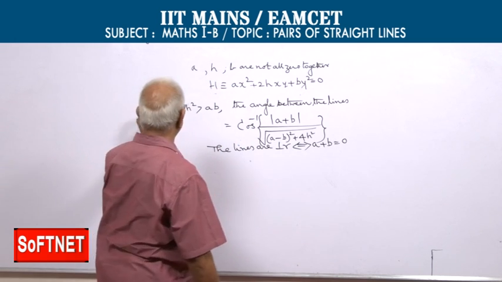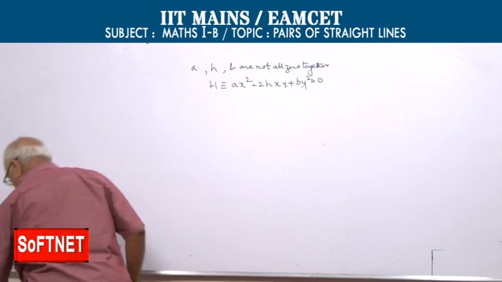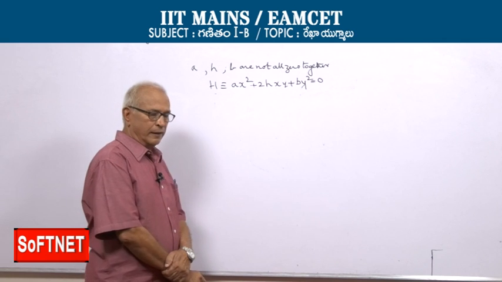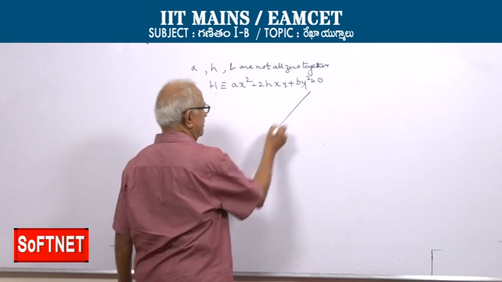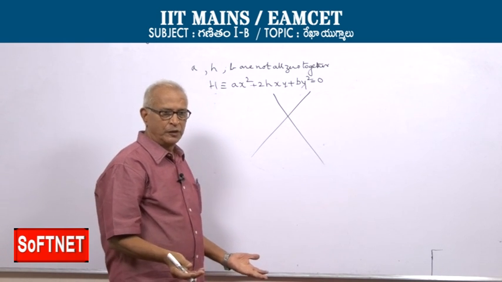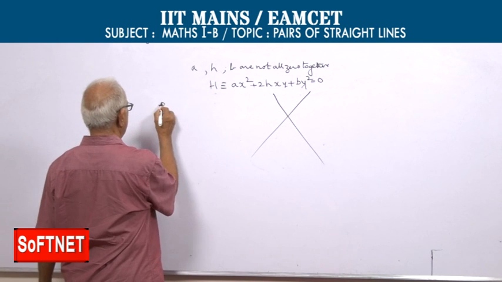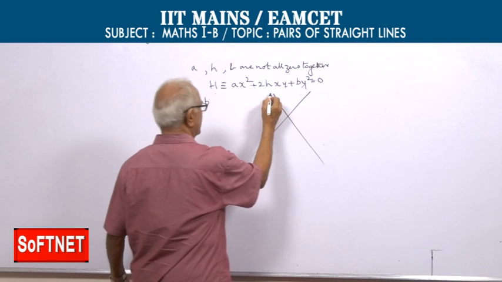another important result is when the two lines are distinct like this and not parallel, that means h square greater than AB. The lines are distinct like this.